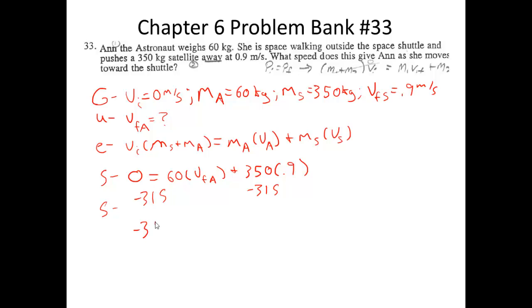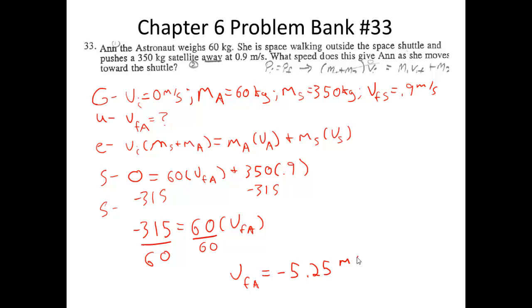We end up with negative 315 is equal to 60 times v sub fa. Divide that by 60. And negative 315 divided by 60 is equal to negative 5.25 meters per second.